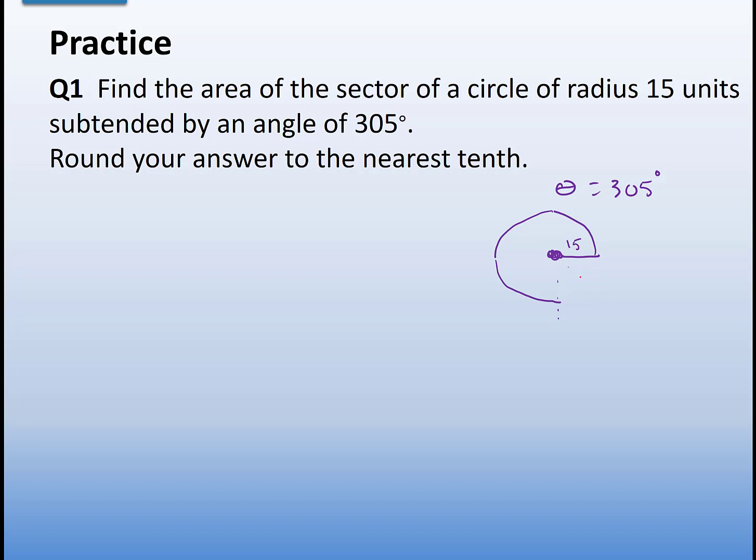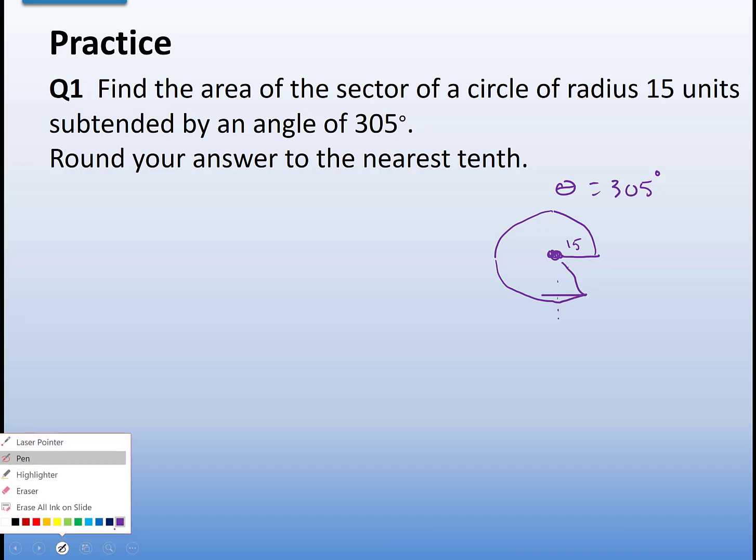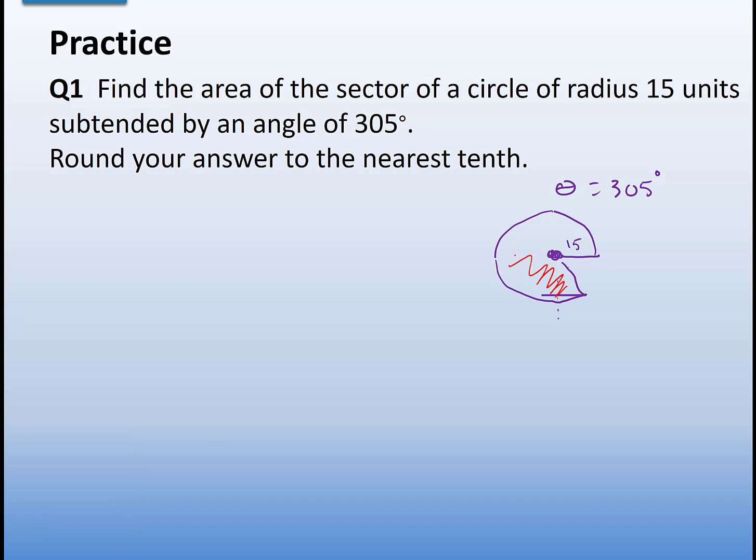And actually, if I drew this, it would be a little smaller than that. And we're eating this pizza. And so what is the area of what we're eating? Well, the sector would be all of this. It's not the whole circle. It's just that part of the circle. And we have a formula for it.